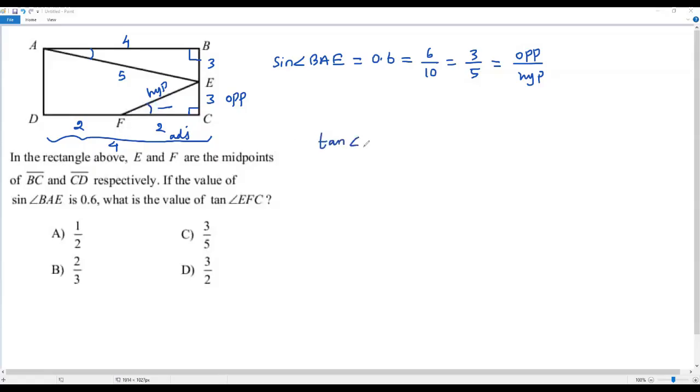Tangent angle EFC equals, according to the formula, opposite side by adjacent side. The opposite side is EC, its length is 3, and the adjacent side is FC, its length is 2. So now I got the value of tangent EFC, that is equal to 3 over 2. I find this 3 over 2 in answer choice D. The correct answer choice for this question is D.